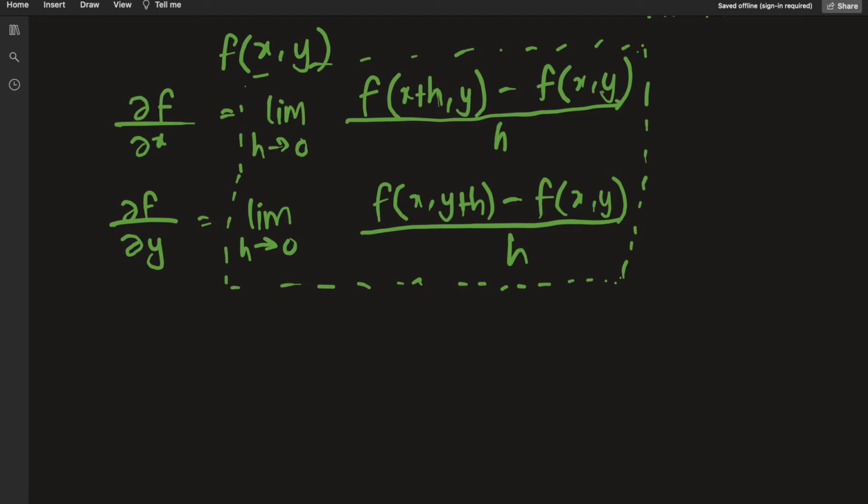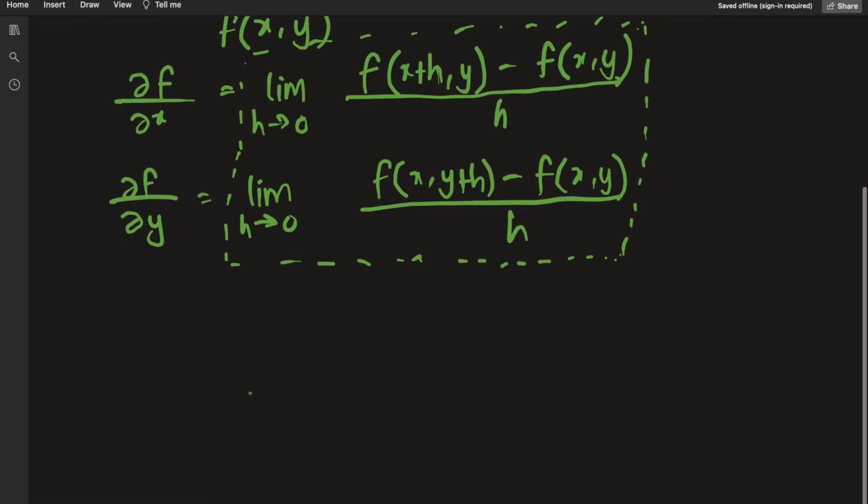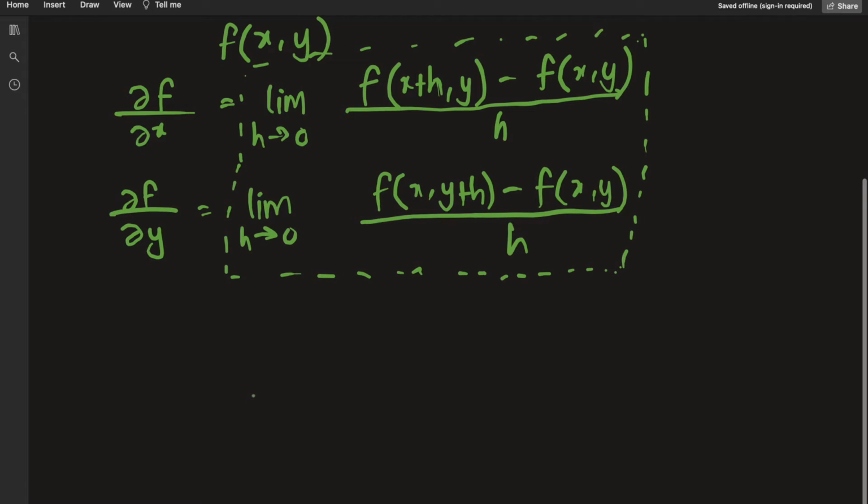So instead of checking that the limit taken in each direction gives a single value irrespective of the direction, we can always check for it to be 0 when we subtract the derivative from this definition itself. It should be 0. Just to elaborate on what I'm saying, let's say U is a subset of Rn.